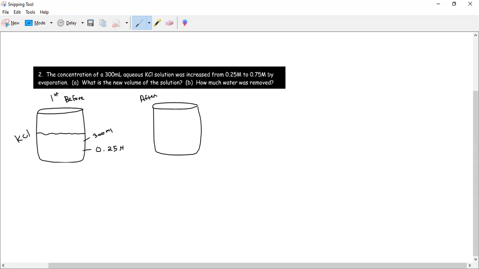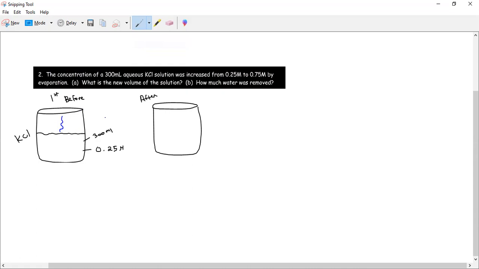It says that the molarity, the concentration, has increased, of course by evaporation. So the idea is that the water inside this container has evaporated, disturbing the ratio between water and solute, right?